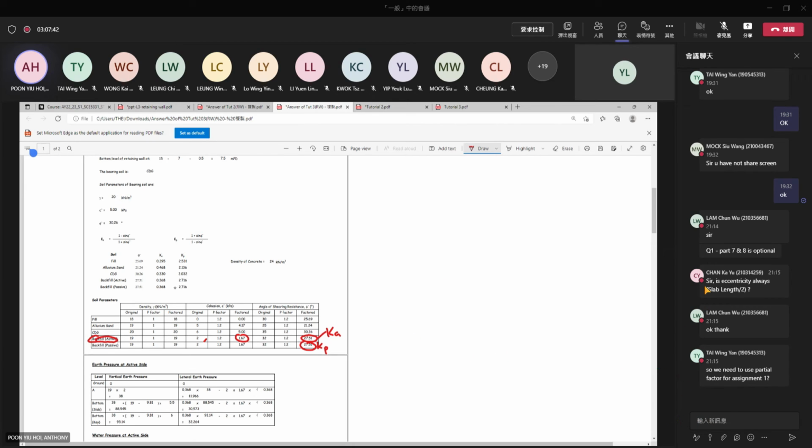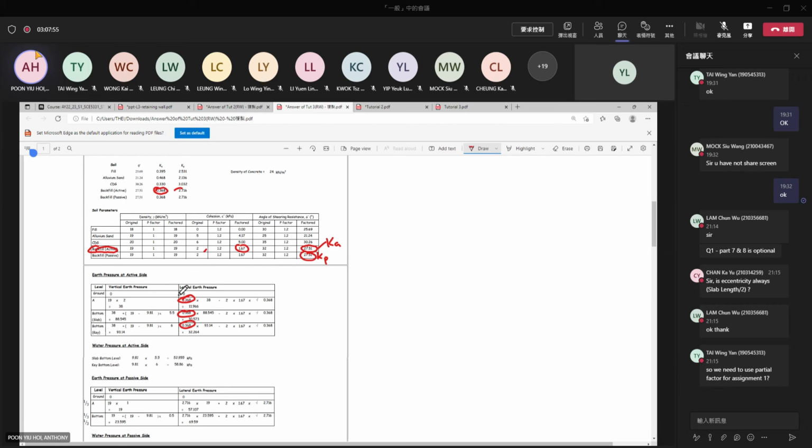So Ka should be 0.368. And Kp should be 2.716.